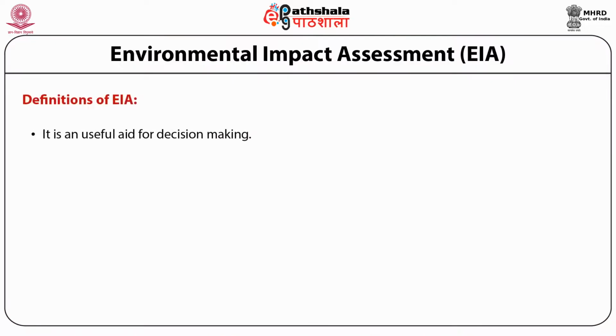It is a useful aid for decision making based on understanding of the environmental implications, including social, cultural, and aesthetic concerns, which could be integrated with the analysis of the project cost and benefits.